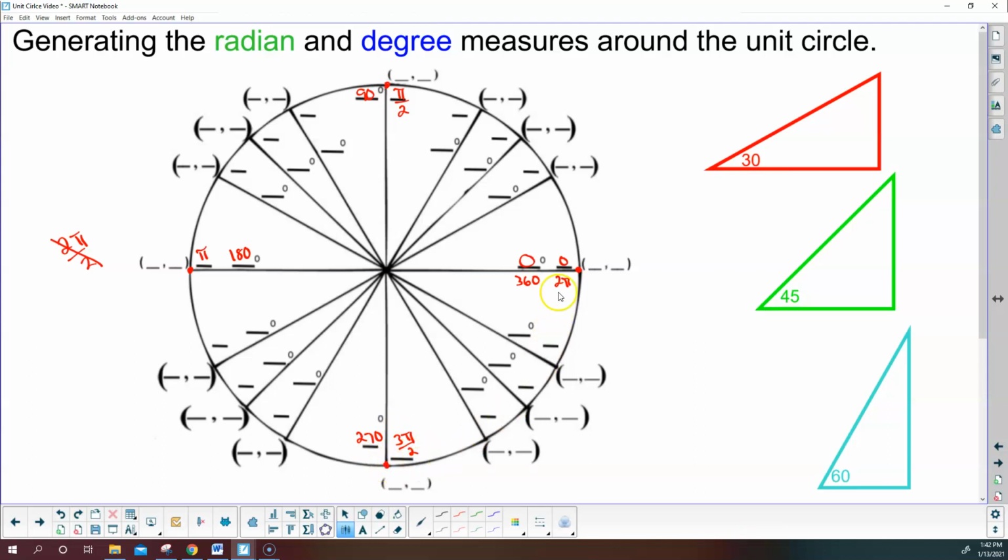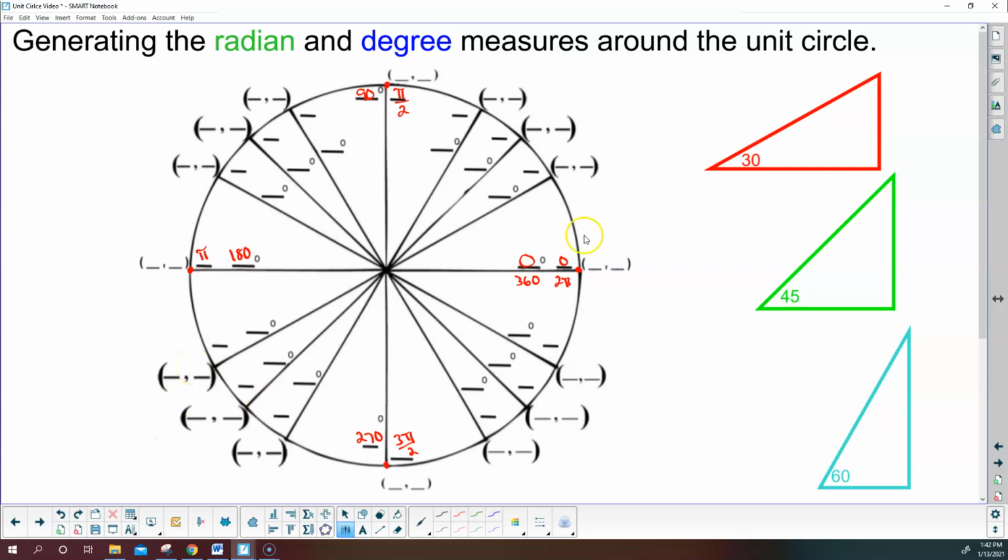If I go another pi over 2, that will put me at 4 pi over 2, but 4 over 2 is 2 pi. And we always write the reduced fraction here. So those are the special angles, the quadrantal angles, and we'll talk about how sines, cosines, and all the other trig functions are evaluated when you're at those 4 special points. But that's going to be for another day.